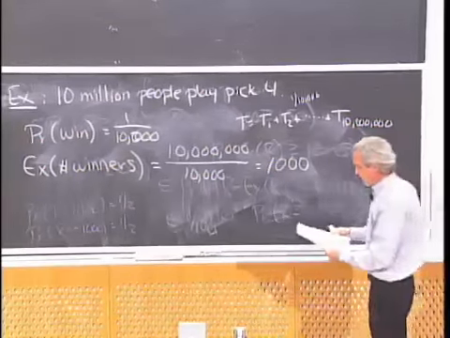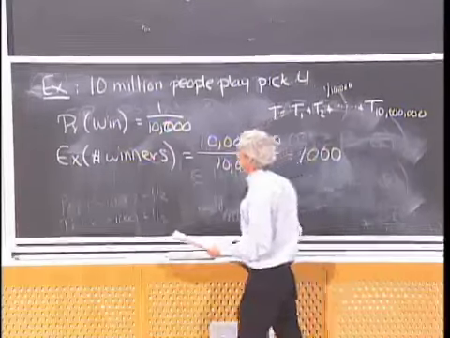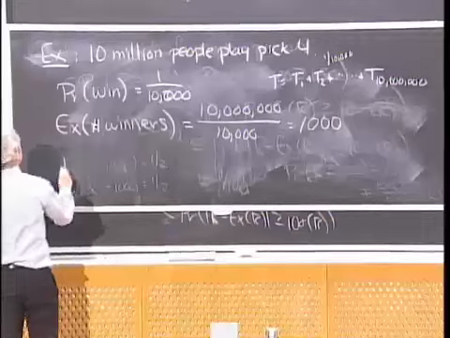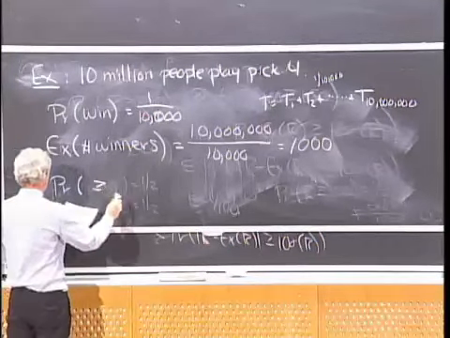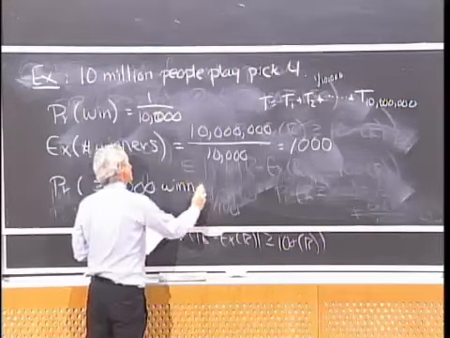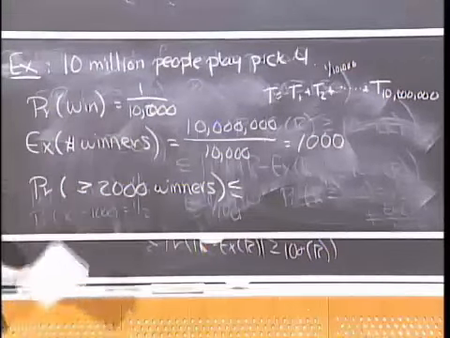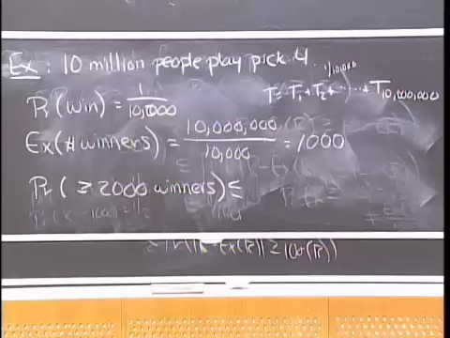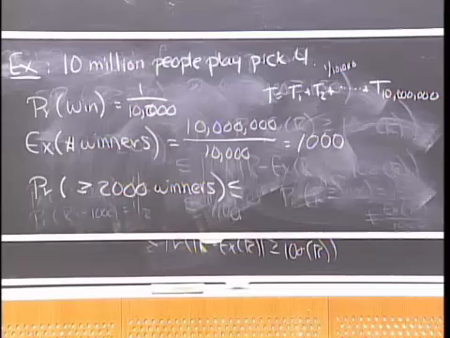All right, say I want to know the probability of getting at least 2,000 winners. And I want to upper bound that, just with the information I've given you. Well, any thoughts about an upper bound? What's that?